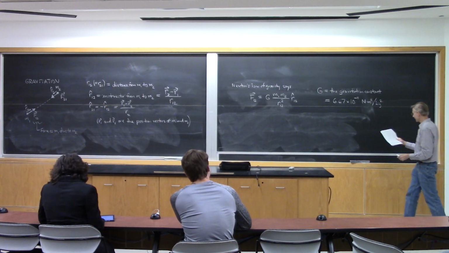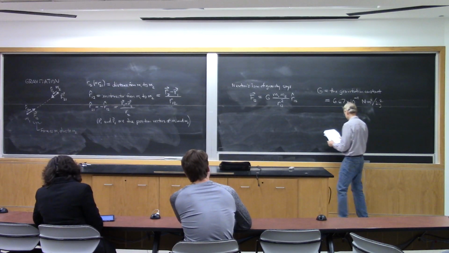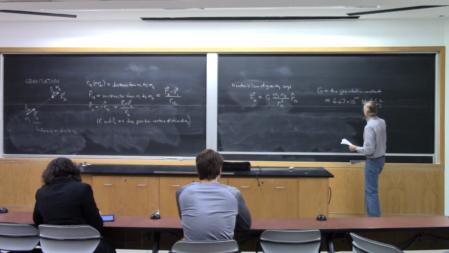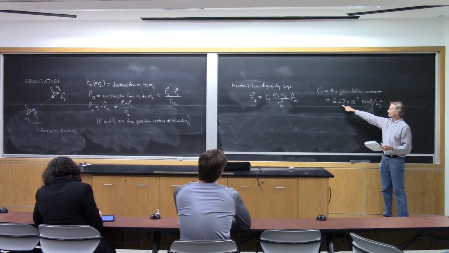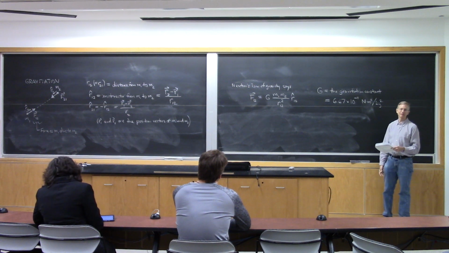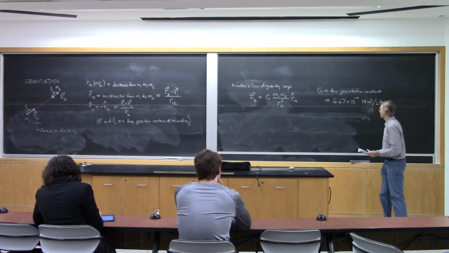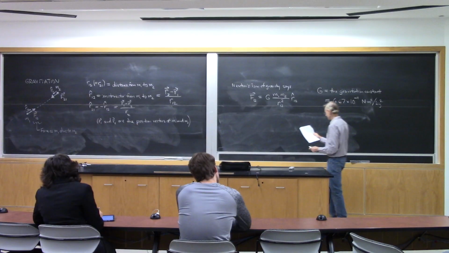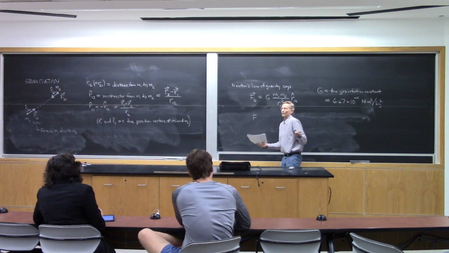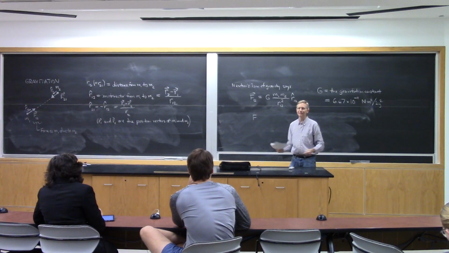In any case, that's easy enough to remember, because it's just about 2/3 times 10 to the minus 10. Right? 6.67, 2/3 times 10 to the minus 10. I'm not going to require you to memorize that, but it's easy.